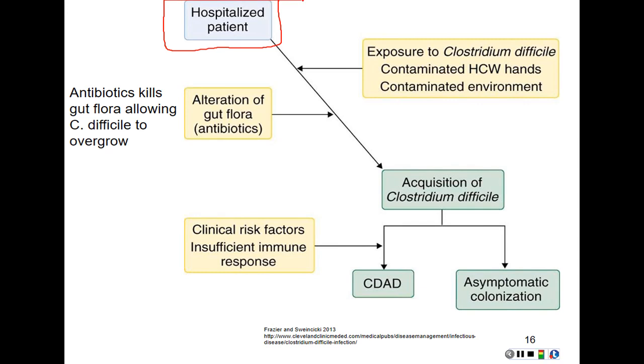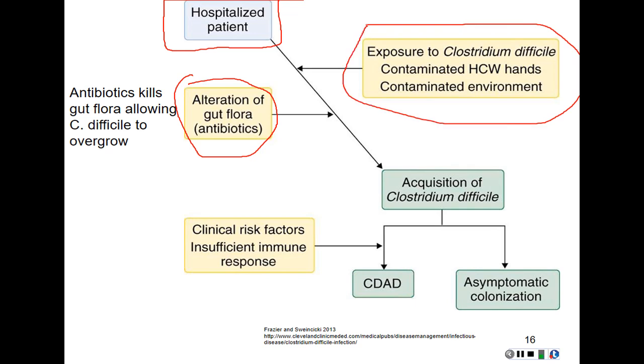You're not there because of C. diff, but you're just in a hospital. And you may have an alteration of your gut flora because of the use of antibiotics. That could lead to C. diff-associated disease. But you could also be exposed, if you're there for other reasons, even if you're not on antibiotics.